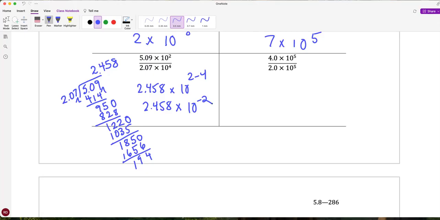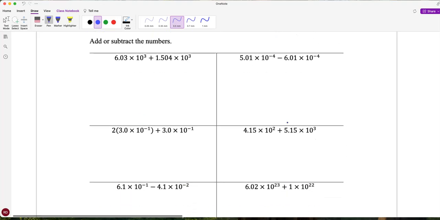Next one, 4 divided by 2 is just 2 times 10 to the 0. You could leave it like that, or this is just the number 2. Either way. Now, when it comes to adding or subtracting with scientific notation, remember, we can only add or subtract like terms. So this is just like 6.03x plus 1.504x.